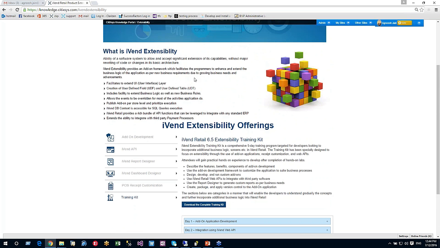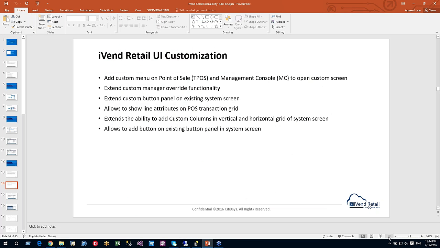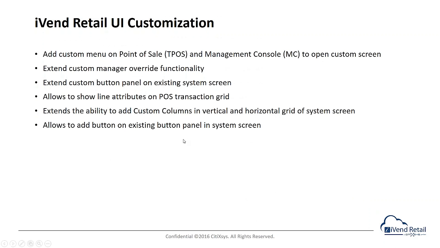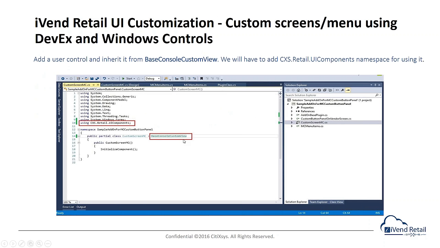And if I go back to the presentation, this is the way Priya explained how you customize the UI. Very importantly, we need to understand that whenever we have a new custom screen, it needs to inherit from base console custom view.